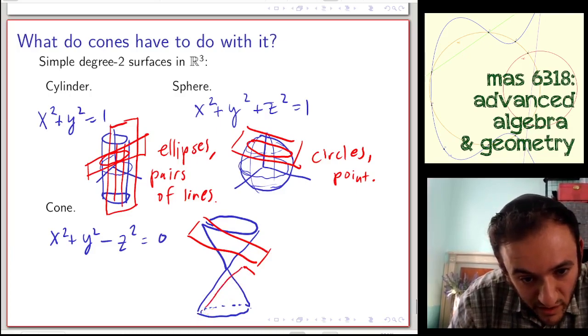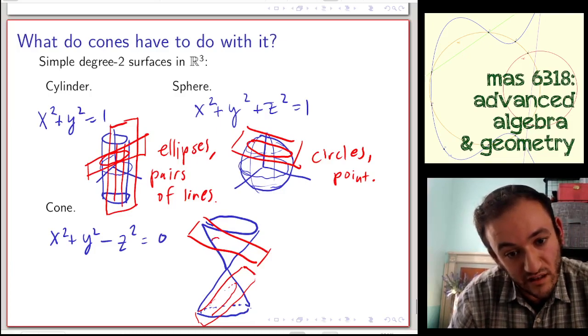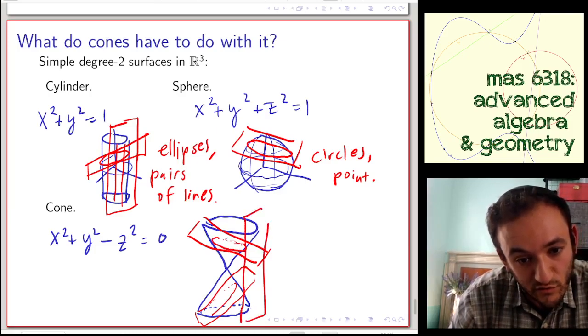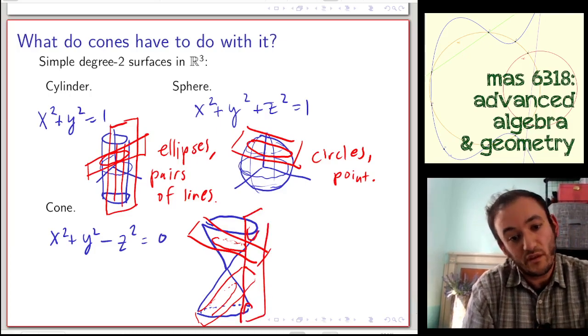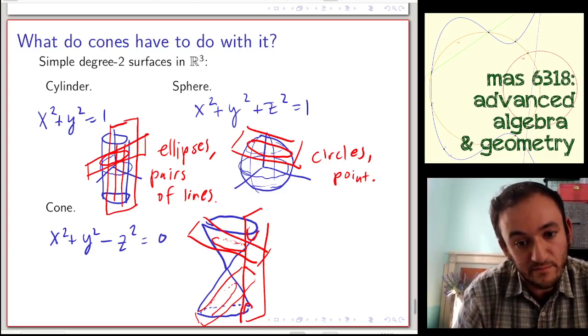Let's make this a bit wider. So this gives us a parabola. And we also get an ellipse here. And we can get a hyperbola over here. And similarly, we can get all of the degenerate conics, pairs of lines, etc.